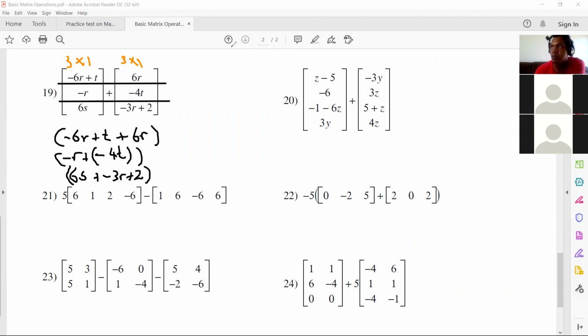So basically we are just simplifying, and this is all going to be in one matrix. Now I'm going to simplify everything. Minus 6r plus 6r is 0.